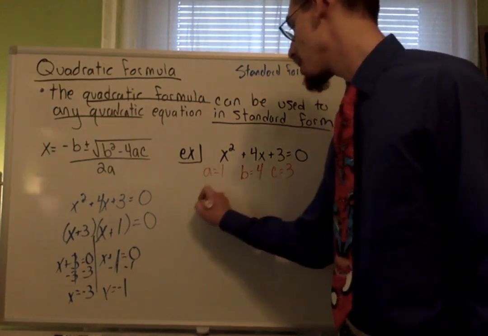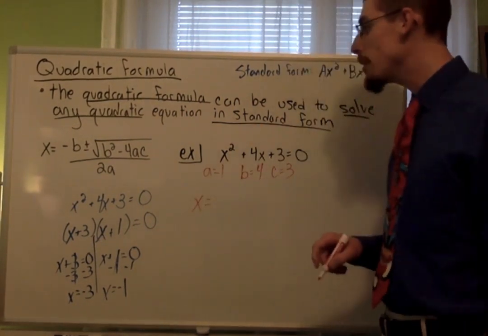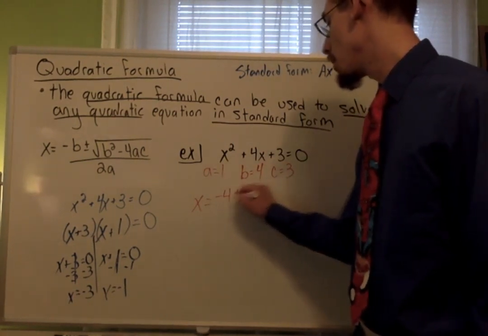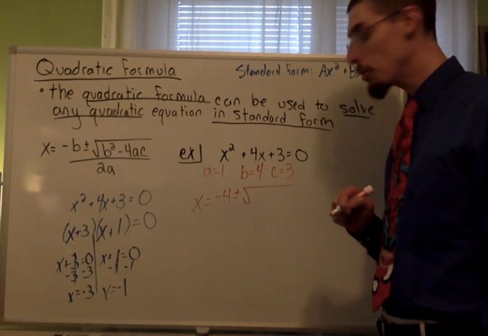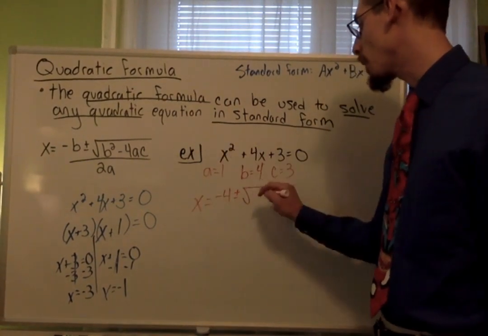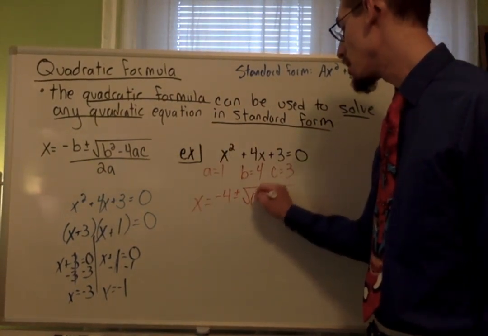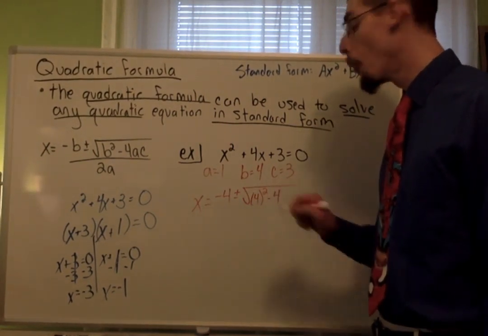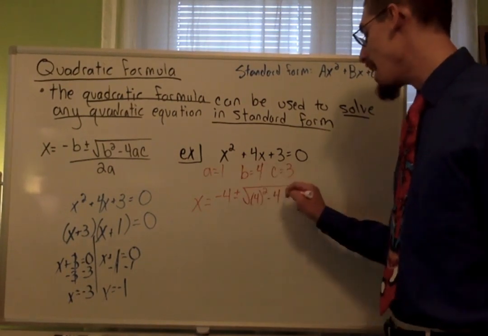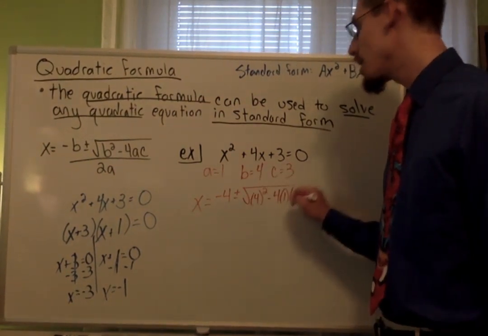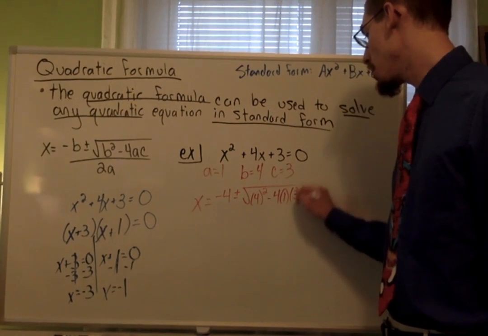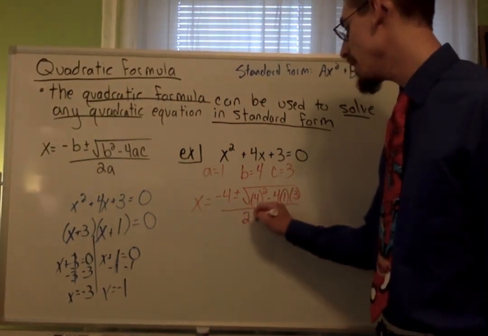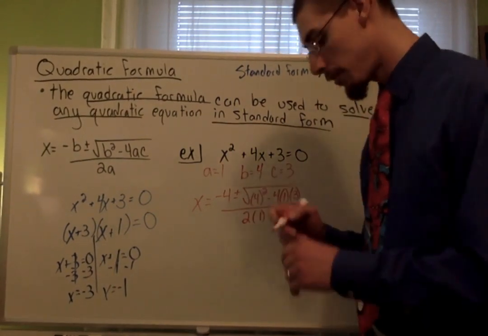So let's see what I get. So negative b, so that's going to be negative 4 plus or minus the square root. Okay, so what is it? b squared, so that would be 4 squared minus 4ac. So a is 1 and c is 3. All over 2a, in this case, a is 1.